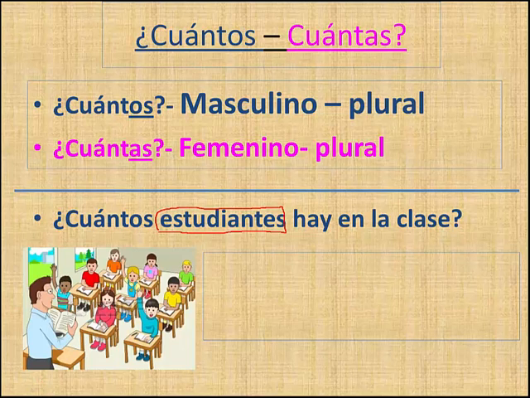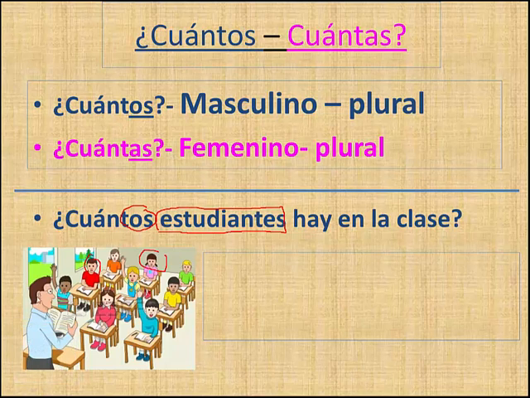So here, because we have a chico, chica, chico, chica, it's all mixed in, we talk about cuántos estudiantes to generalize, and we use the masculine form of it. So this is why we're using cuántos in this question. So, ¿cuántos estudiantes hay en la clase?